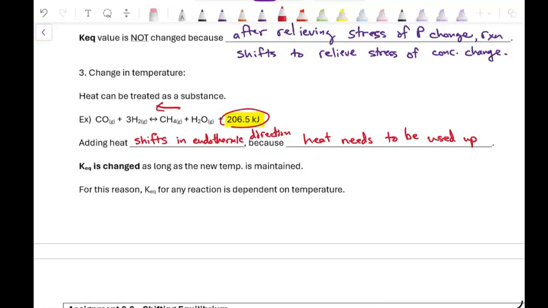The reason I always think of this is because when you're raising the temperature, putting something in a cold water bath or on a hot plate, it's like a constant stress. You're constantly adding heat, and so the reaction has to take up a new equilibrium where it's favoring either the endothermic or exothermic direction. And so for KEQs, we usually see a temperature listed with it because it is specific to that temperature.